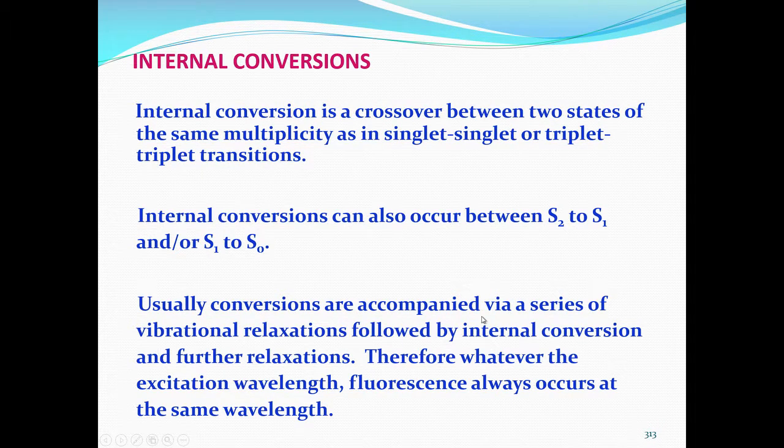Usually these conversions are accompanied by a series of vibrational relaxations, as we have already seen, followed by intersystem crossing. But that means there will be a quantum jump from the lowest vibrational energy to the triplet state. Therefore, fluorescence always will occur only at the longer wavelength. So, if you are scanning a substance which has a fluorescence property, to look for the emission peak, you need not go to lower wavelengths, but only go to the higher wavelengths.